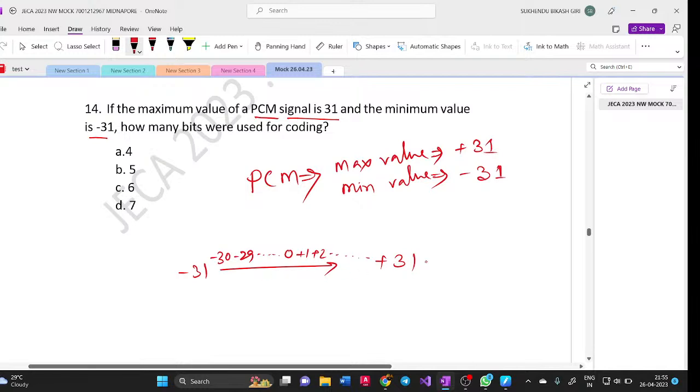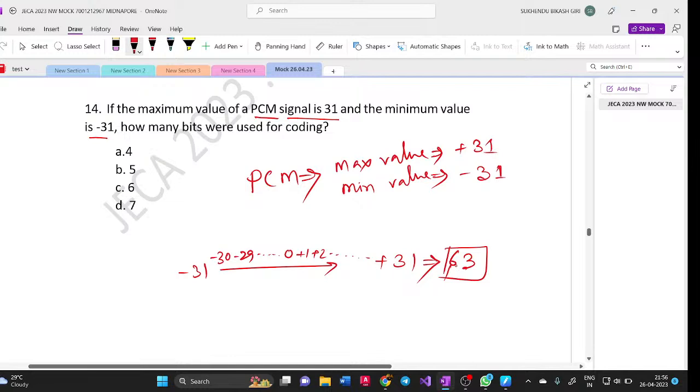How many values are covered? Near about 63 including 0. So the number of values is 63.